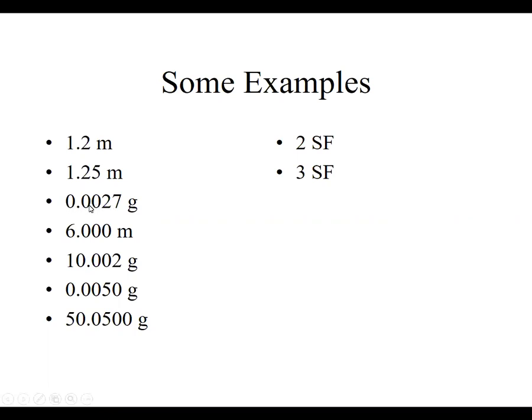These zeros all count as zeros at the beginning of a number, and zeros at the beginning of a number are not significant. So none of those zeros are significant. That leaves me the 2 and the 7, the non-zero digits, which are always significant. And therefore, I have 2 significant figures.